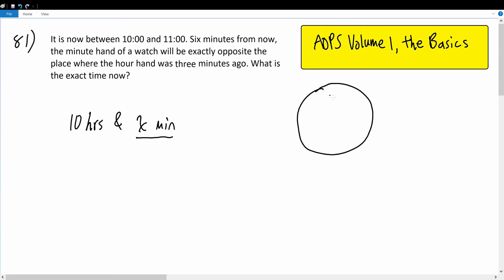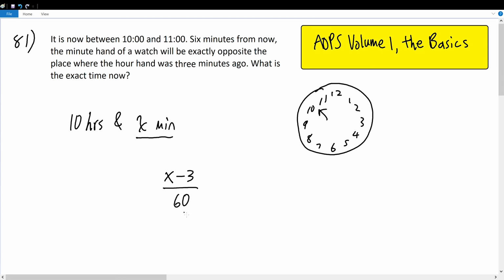Well, when I deal with clock problems, I always like to draw myself a clock to help me visualize what the question is suggesting. So right now, the hour hand must be between 10 and 11 o'clock. And it tells us that 3 minutes ago, the hour hand was exactly the place where the minute hand will be exactly 6 minutes from X. So X minus 3 will be what the time was 3 minutes ago, divided by 60 minutes will give us where the hour hand is between 10 and 11 o'clock.